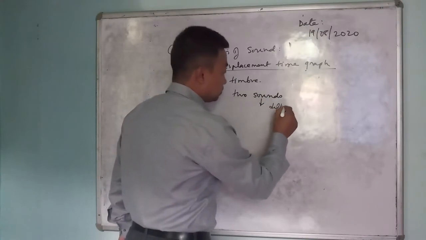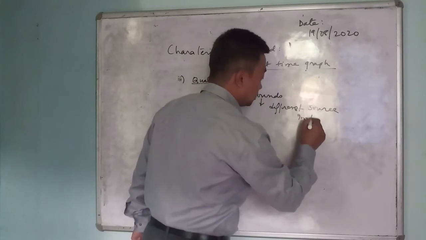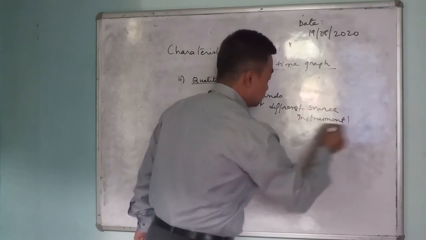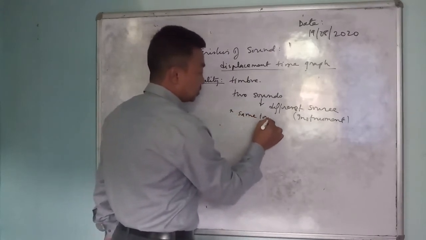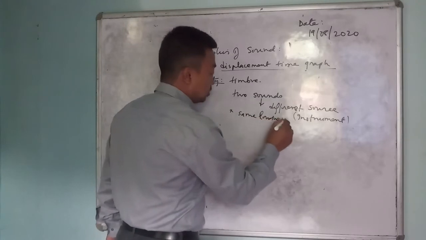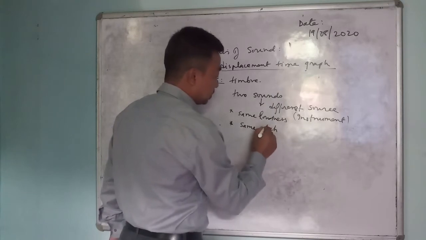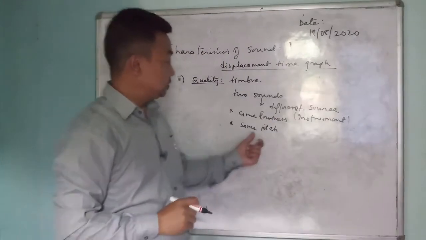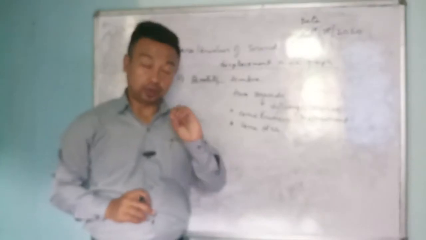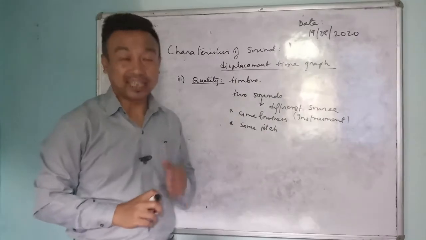They will have the same loudness, which means the same amplitude, and the same pitch, which means the same frequency, but they will differ in their quality. So that is that characteristic.